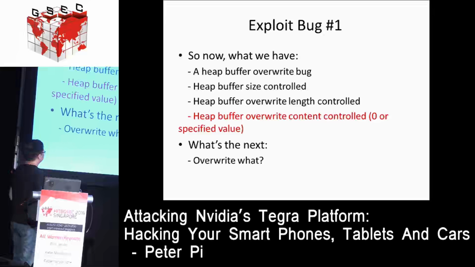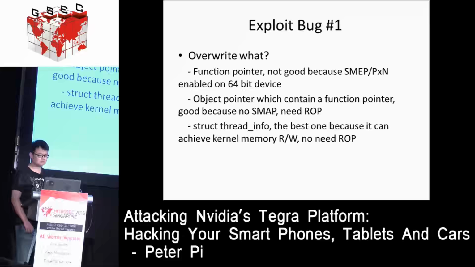So what's next? Overwrite. What object should we overwrite? There are 3 choices. The first choice is a function pointer. We can overwrite a function pointer to, for example, a user space function pointer.